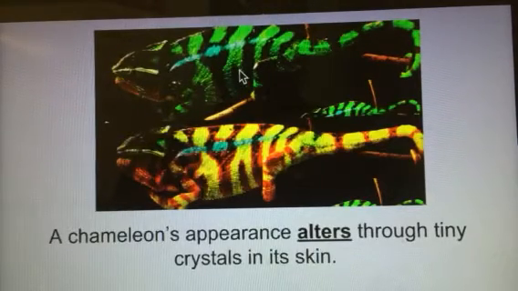It can become different depending on its mood, depending on what is around it. And science has just recently showed that the way it changes its appearance, the way it alters, is through tiny crystals in its skin.